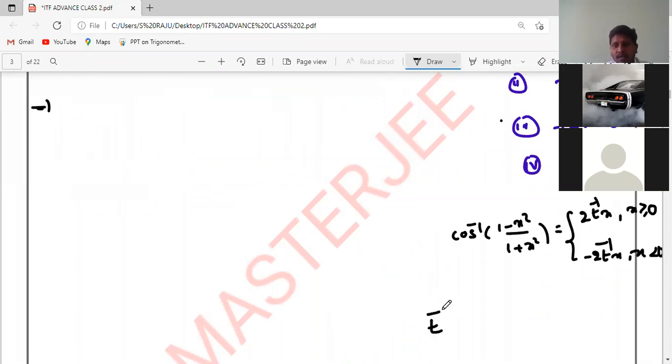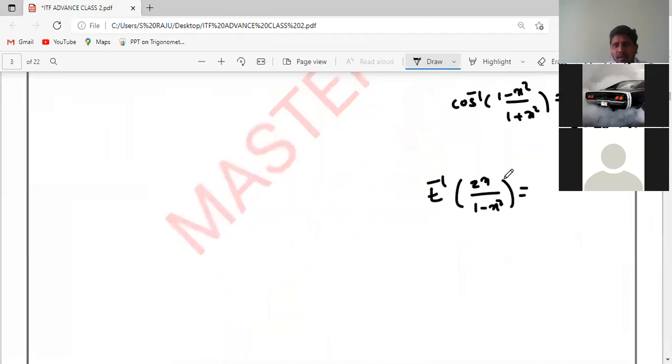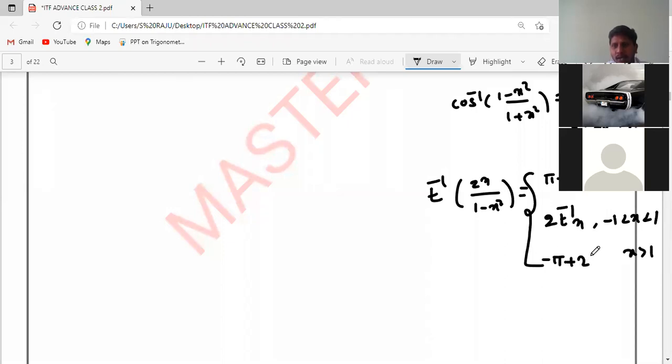And tan inverse of 2x by 1 minus x square has 3 different cases. Here it will be pi plus 2 tan inverse x when x is lesser than minus 1; only 2 tan inverse x when minus 1 lesser than x lesser than 1; and when x is greater than 1, minus pi plus 2 tan inverse x.